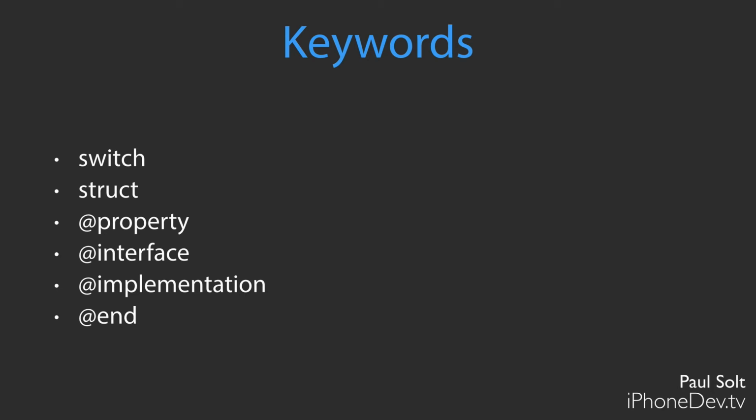And people will put the interface sometimes in the top of the .m file so that they can have sort of private properties or instance variables or methods. After you start a property, an interface, or an implementation, you always need the end block. And so it's sort of like an open brace and a closed brace. You need to start your declaration, then you need to end it.